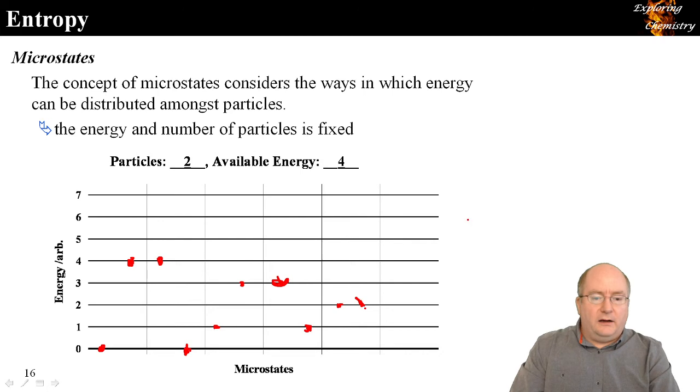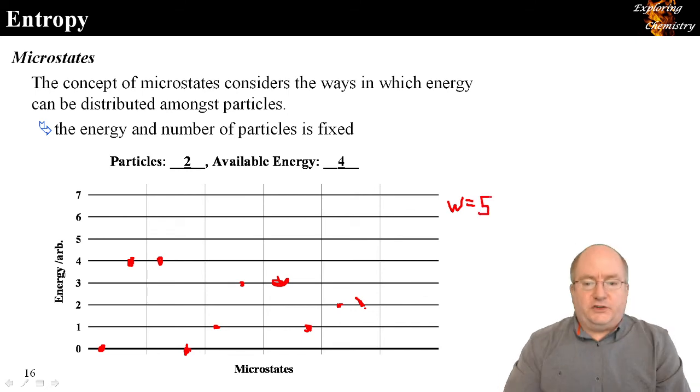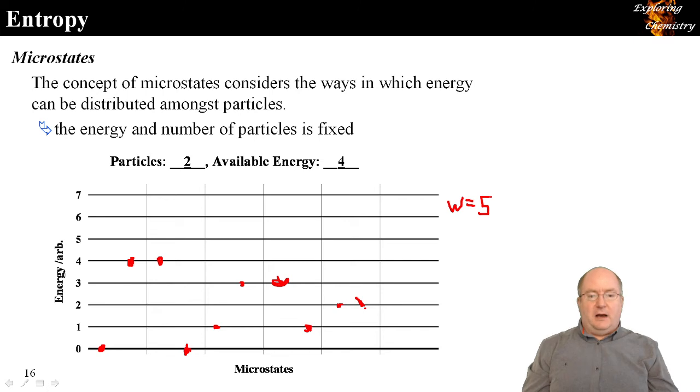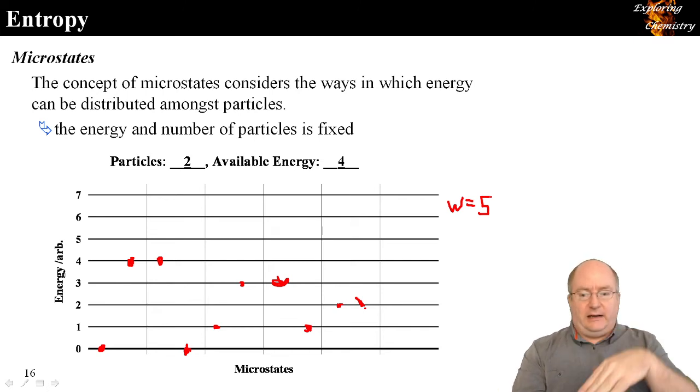So there are 5 ways of distributing 4 units of energy amongst 2 particles when the energy available units spacing is integer.